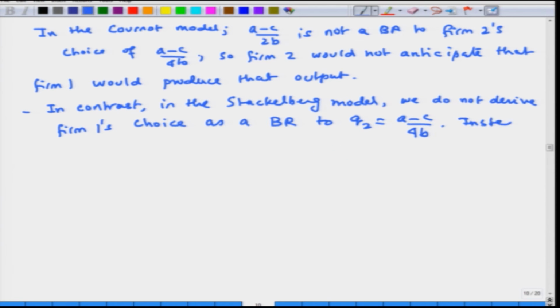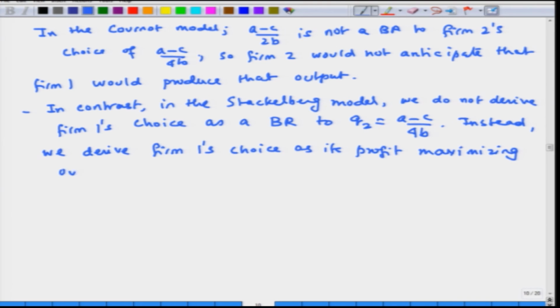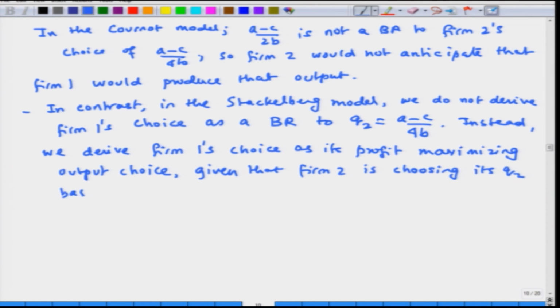Instead we derive firm 1's choice as its profit maximizing output choice, given that firm 2 is choosing its output, choosing its Q2 based on its best response function BR2, right. So, that is what we did.